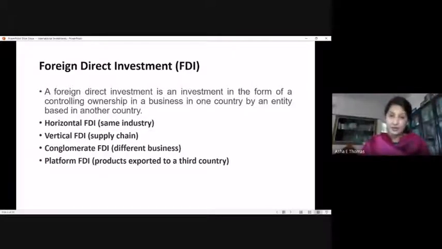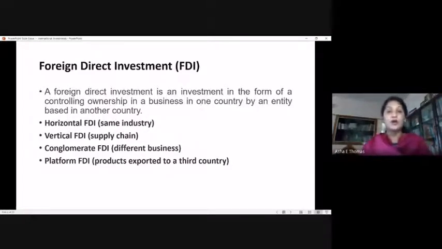When we look into the types or ways in which FDI flows in the international market, it can be horizontal FDI, vertical FDI, conglomerate FDI, or platform FDI. In horizontal FDI, you enter into a collaboration with, say, two automobile companies coming together. Hyundai came to collaborate with another company in India to market their vehicles through a combination.